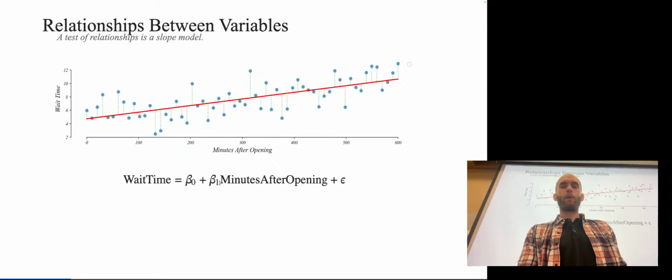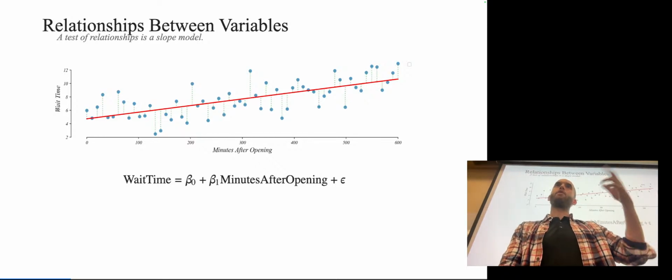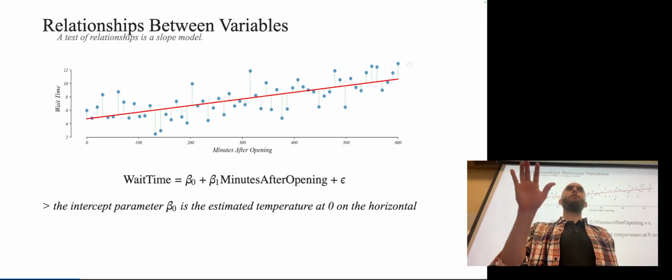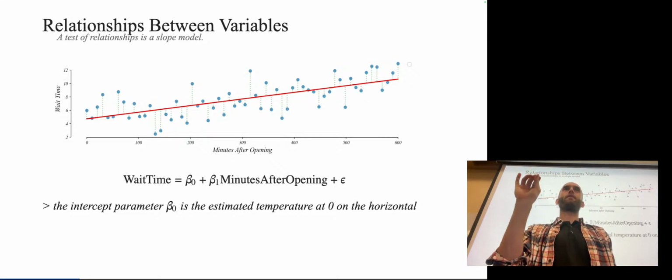So our x variable was minutes after open. We had a vertical intercept, and then we had a slope coefficient. And in this case, the interpretation of beta 0 is slightly different. So you'll remember beta 0, and I want you to pay attention here. We're going to make a transition in a second, which will use these ideas.